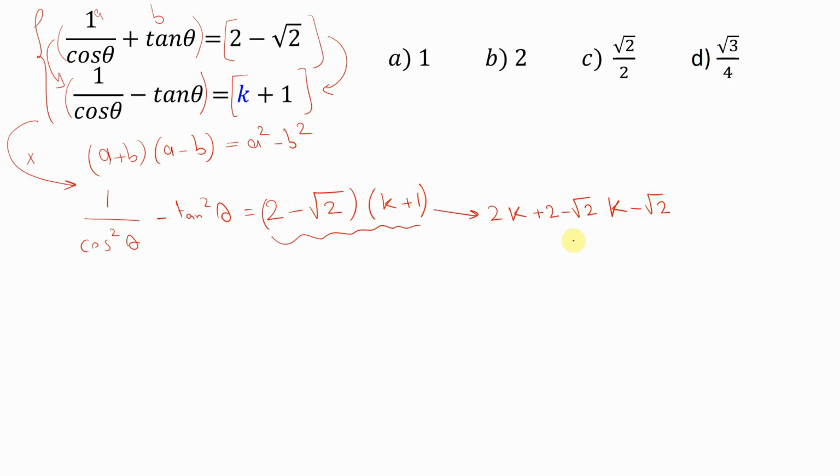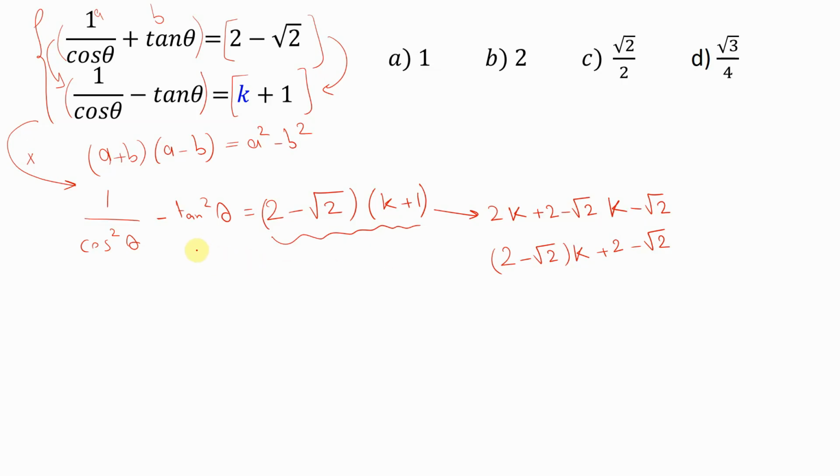And if you manage this, you can rewrite it as 2 minus square root of 2 times k, where I factorized k, plus 2 minus square root of 2. This is the right hand side, the final result so far.